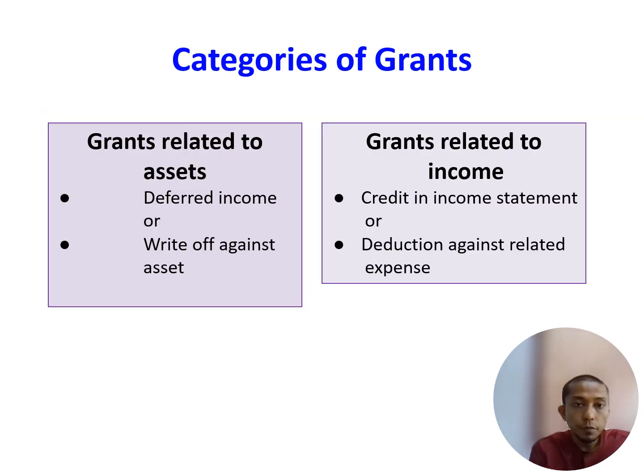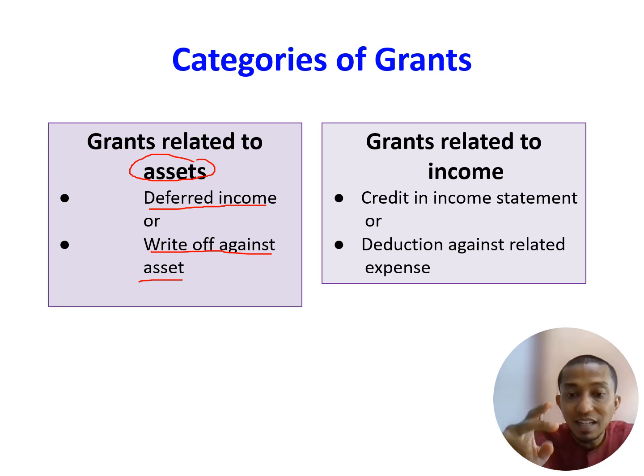So this is the category of grant that we cover in this MFRS 120. First, grant related to asset, where the treatment is deferred income or writing off against asset. There are two treatments for grant related to asset.